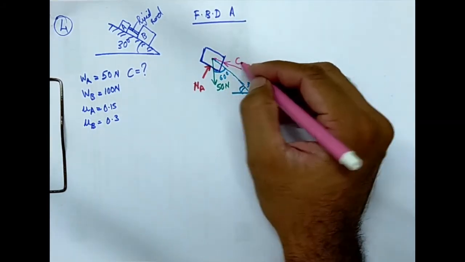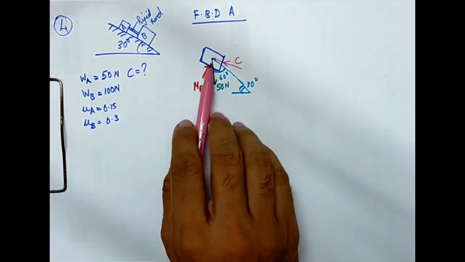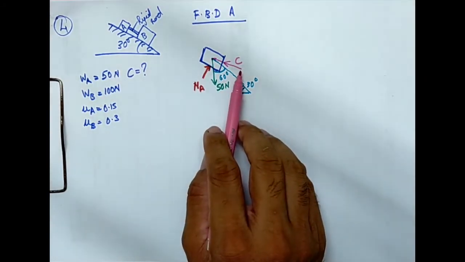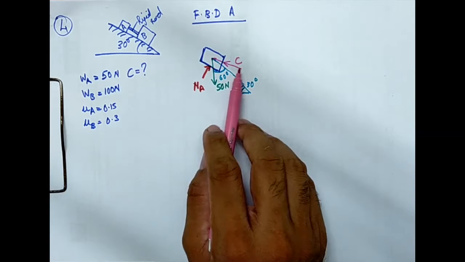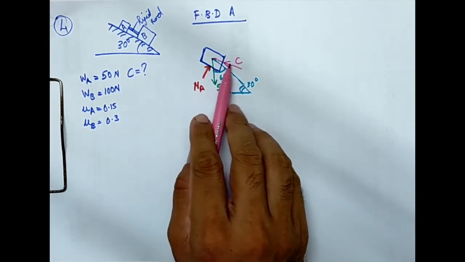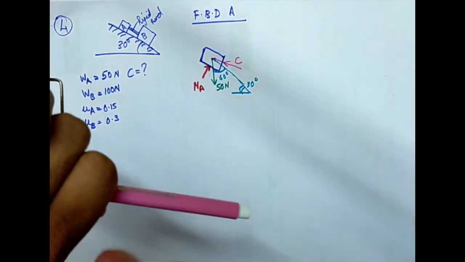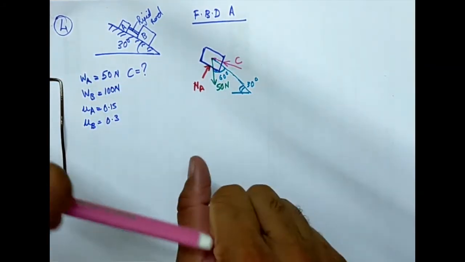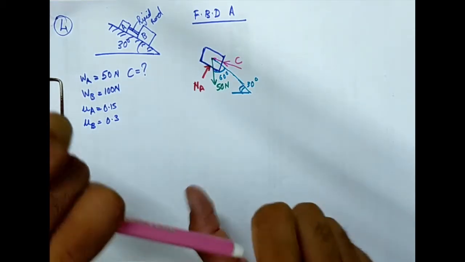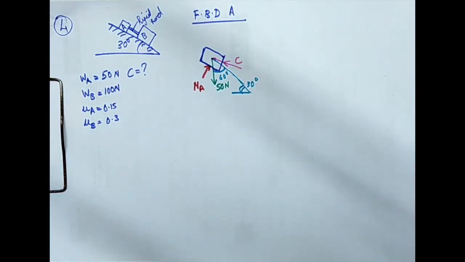I'm calling it C. Earlier, in all the previous problems, we were marking it away from the object because we were marking tension. But here we are marking the arrow towards the object because we are considering compression. Compression means it is compressing. So if I consider this body, this rod is pushing it. So it is compression.